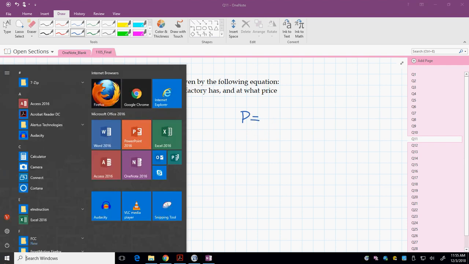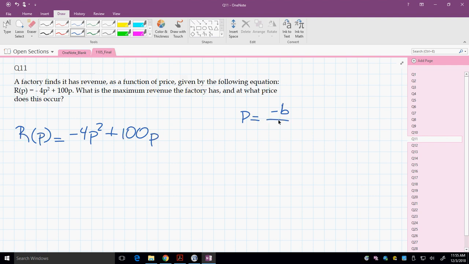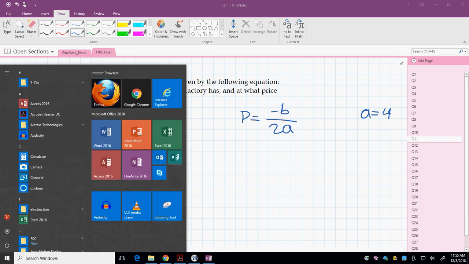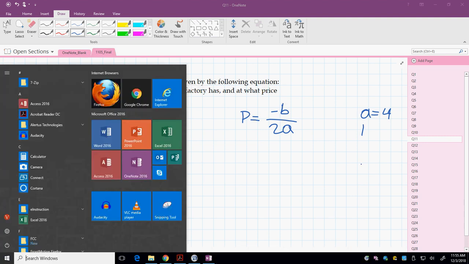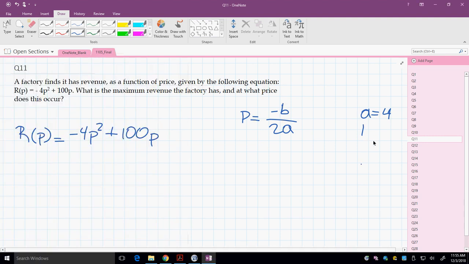The vertex is negative b over 2a, and we know that a is equal to negative 4, and b is equal to 100.